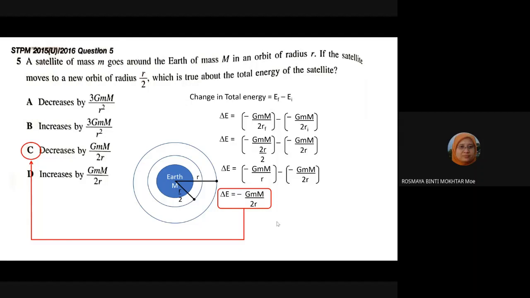You can refer to the PowerPoint notes on how to derive this total energy equation. So this is what we get, GMm per 2R. This is fixed already, the equation for total energy. Understand? Okay, thanks. Any more questions?